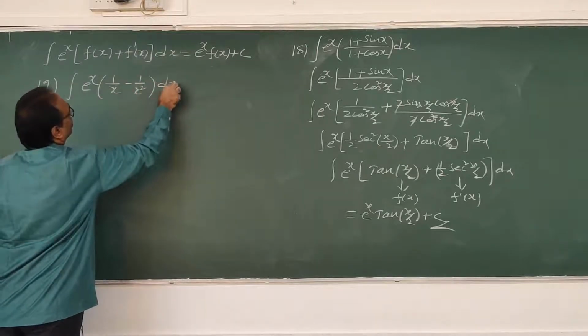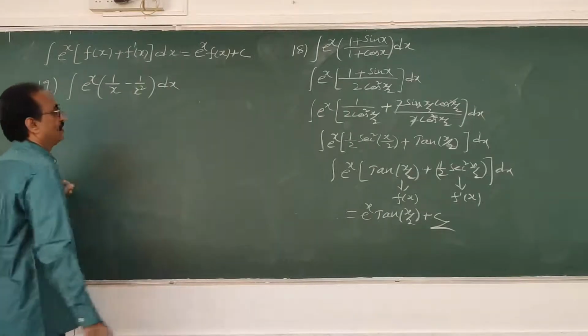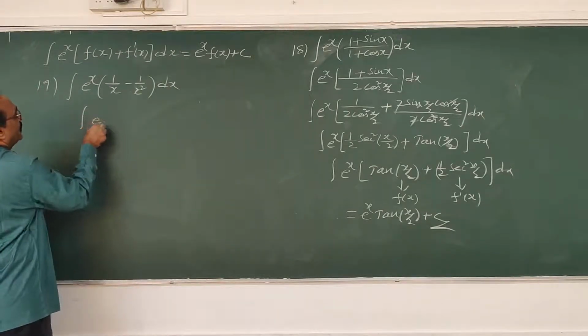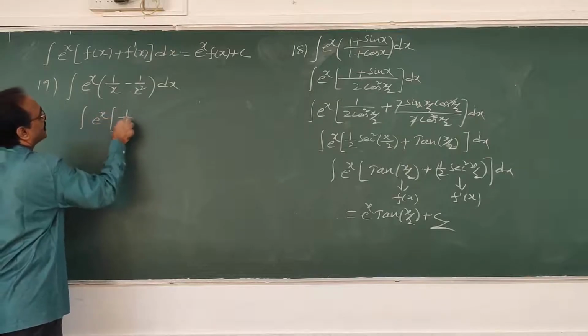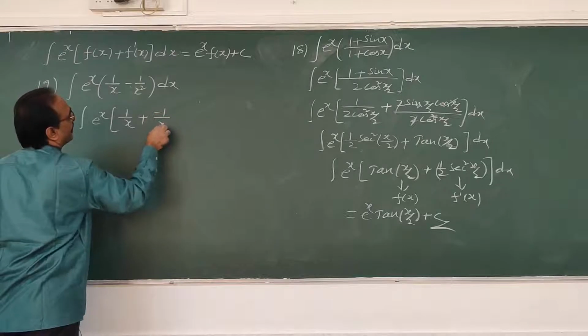Now immediately what will we do, sir? We'll do it, because this problem is that easy. See now, here e^x into 1 by x, middle plus must be there, here minus will take here 1 by x².